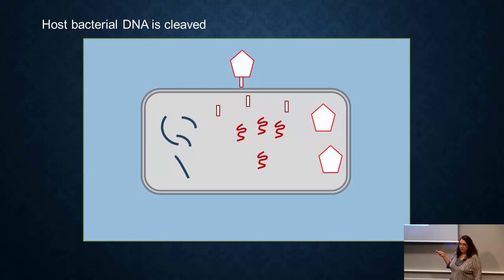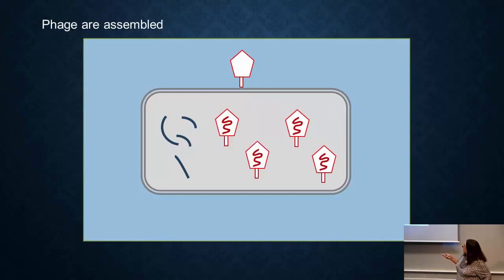I don't know why it does this, because it's going to kill it in a few minutes anyway, so I don't really understand why it cuts it up, but it does. And it actually becomes important for us. And then what happens is they assemble new phages, and there can be around 100 phage per bacteria. Remember that these phage are very small.